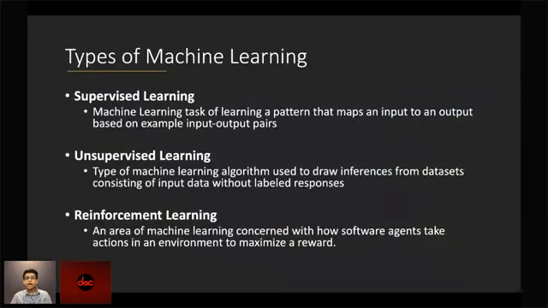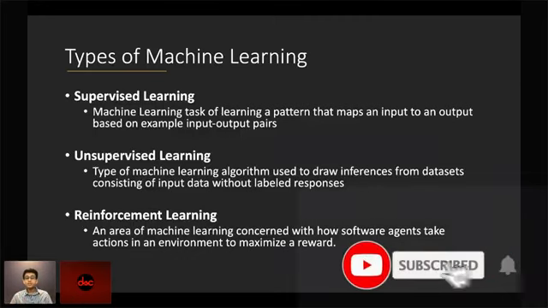So there are three major types of machine learning, or types of how these machines can learn. There's supervised learning, unsupervised learning, and reinforcement learning. Supervised learning is a machine learning task of finding a pattern that maps an input to an output based on example input-output pairs. A very common example is, let's say we had 50 images of cats, 50 images of dogs.